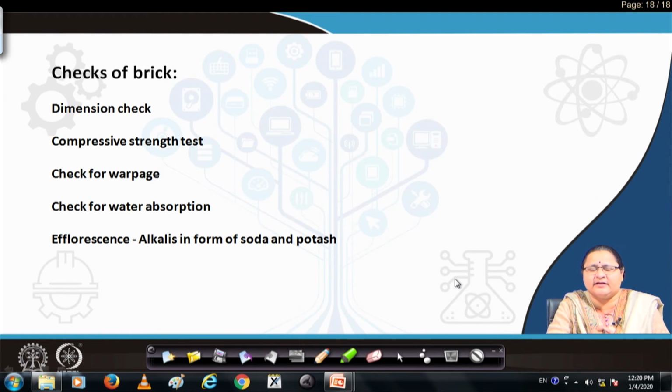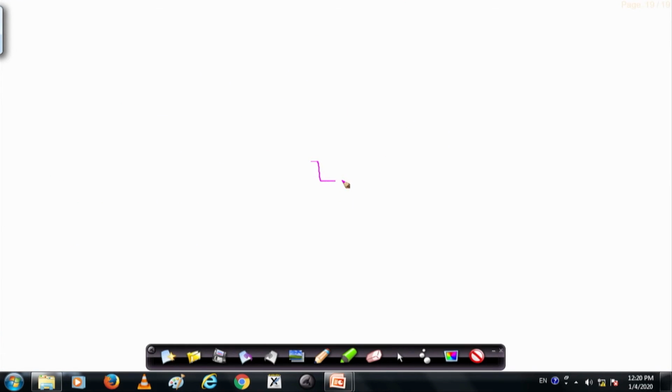So, you can check randomly taking brick from the lot, you can keep on dipping the brick in a vessel in this way, so that a part of it remains in the water, and you do it for first day, second day, third day, fourth day, maybe up to 5 days.